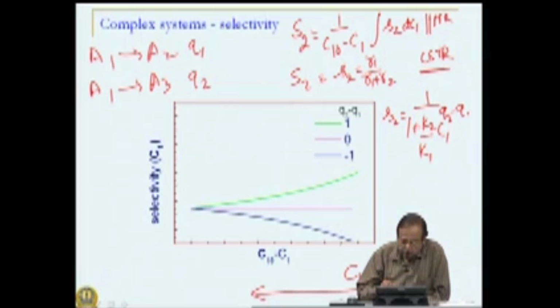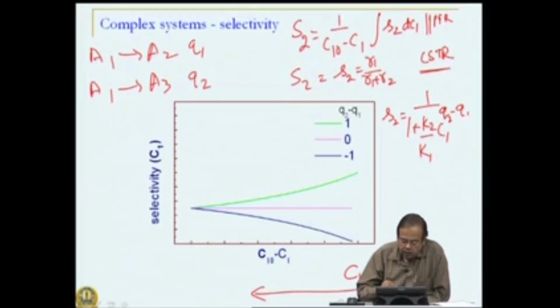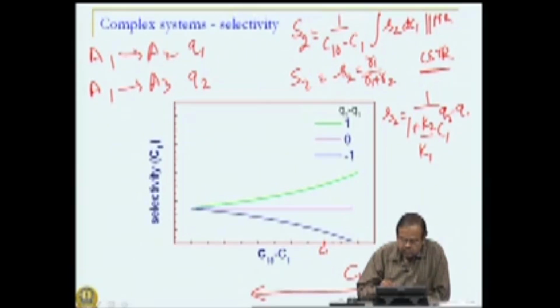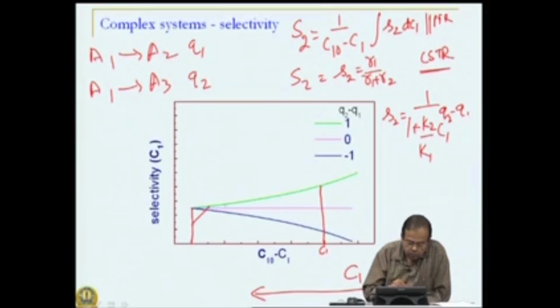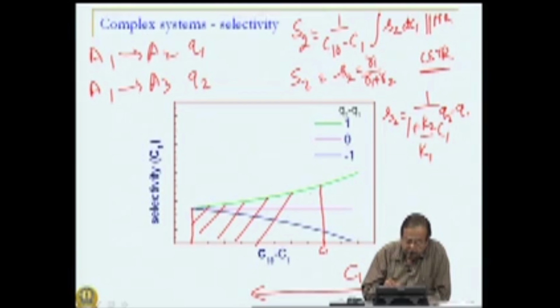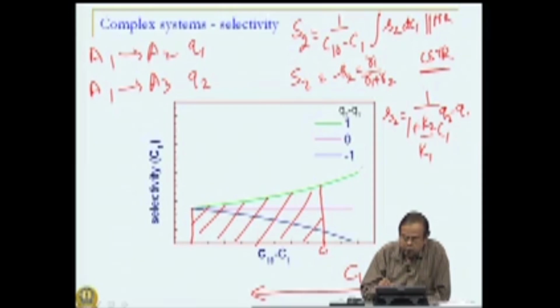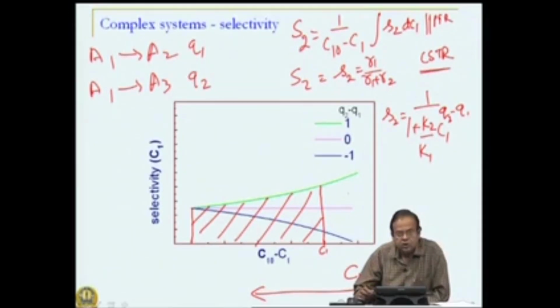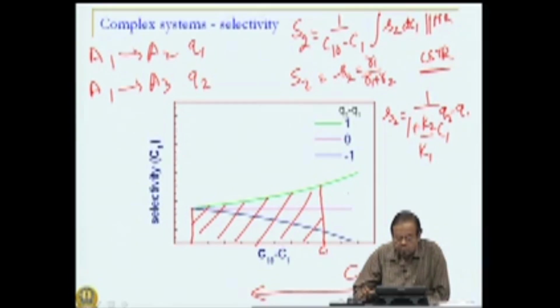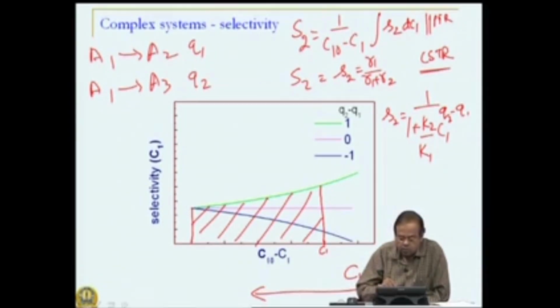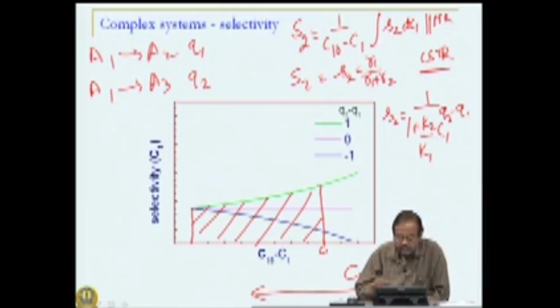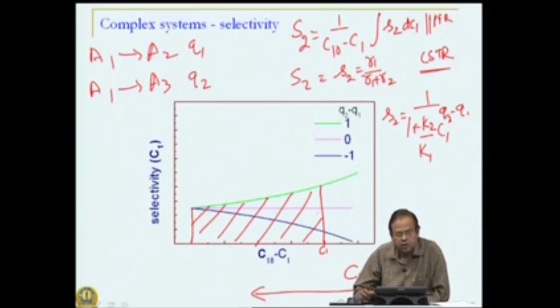So, let us say for this particular concentration C1, whatever that value is, the selectivity for plug flow reactor is given by this shaded curve, which is for the case of Q2 minus Q1 greater than 0, our green line, and plug flow reactor as the area under the curve.